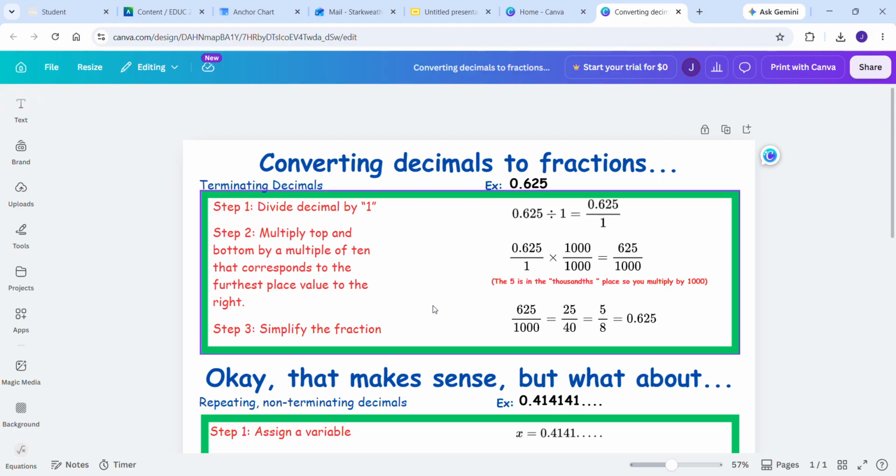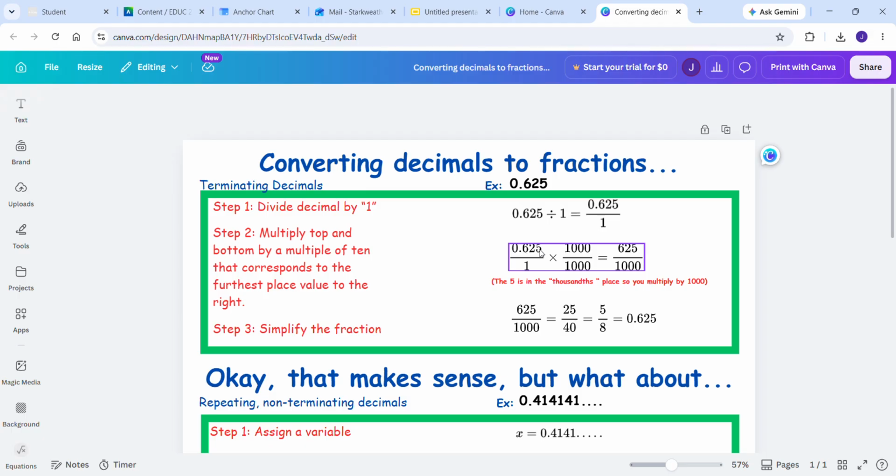So the idea is to move the decimal point all the way over to the right, so that it's no longer a decimal. In this case, that 5, the third digit, is in the thousandths place.